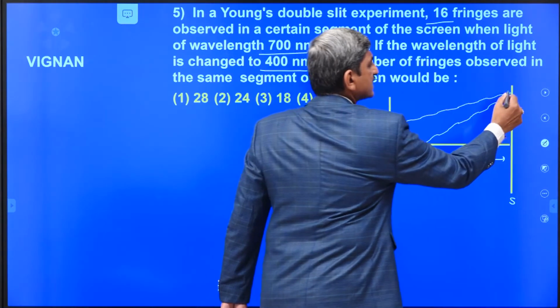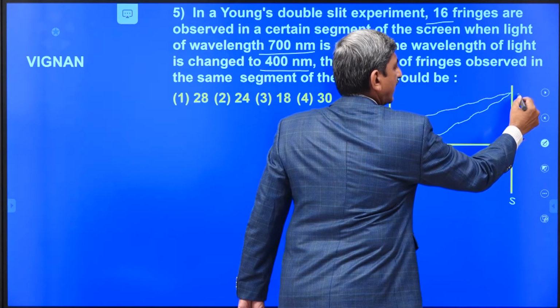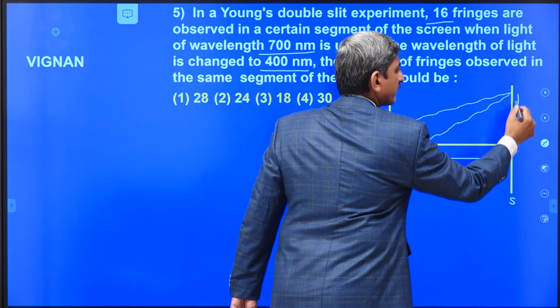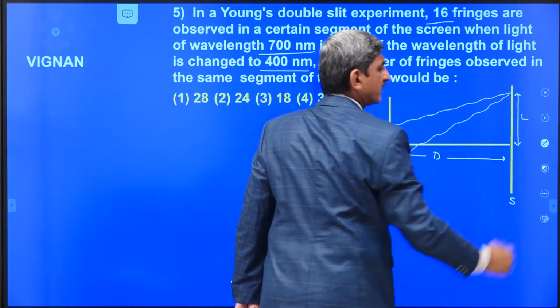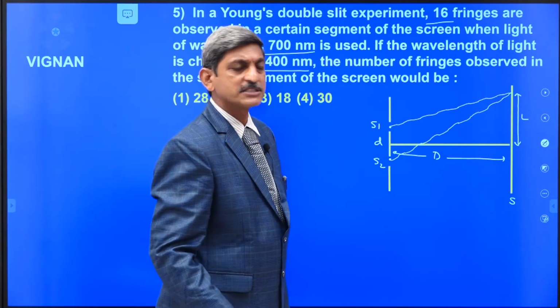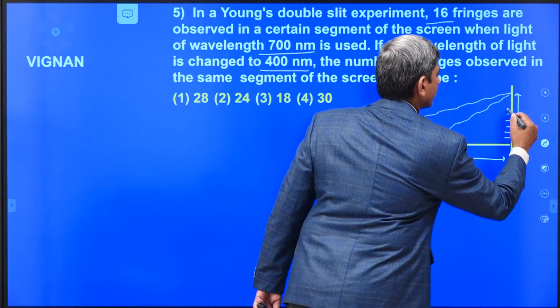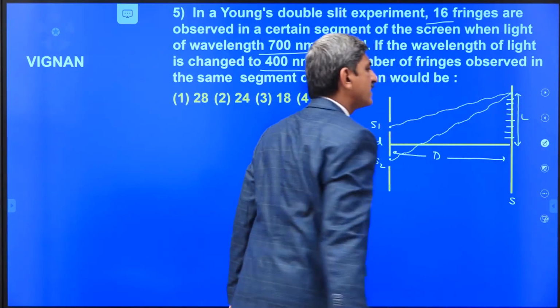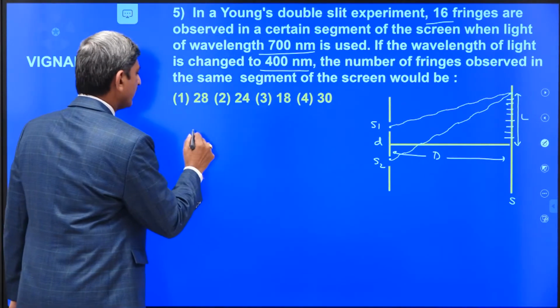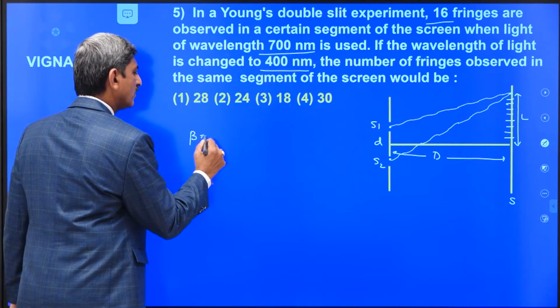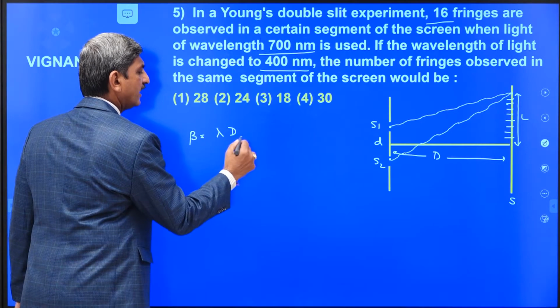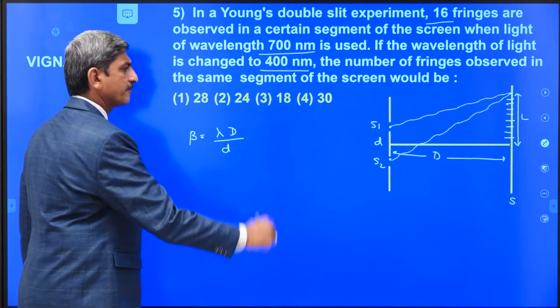Now let us consider this point and let L be the length of the segment taken on the screen. We know that in the Young's double slit experiment, alternate dark and bright bands are formed, and for these bands the fringe width is given by beta is equal to lambda D divided by d.